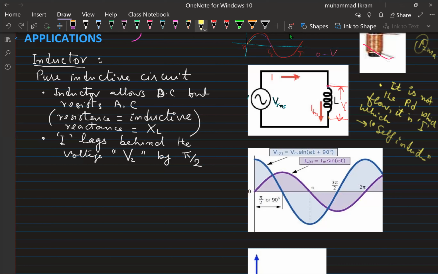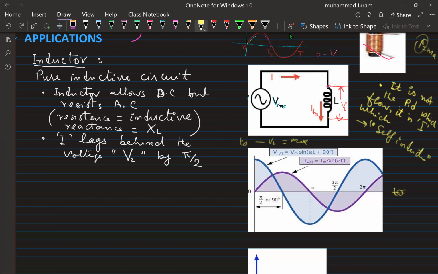So right at the beginning, when the voltage is maximum, at t equal to 0, you have the VL maximum. The voltage across the inductor is maximum, right? And the current through the inductor is 0 at that time.